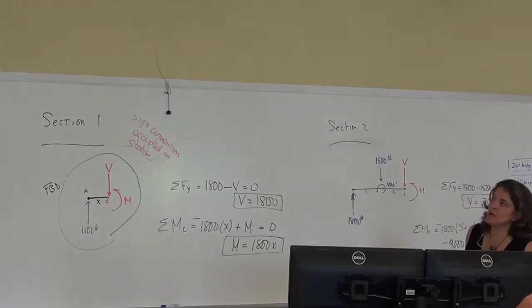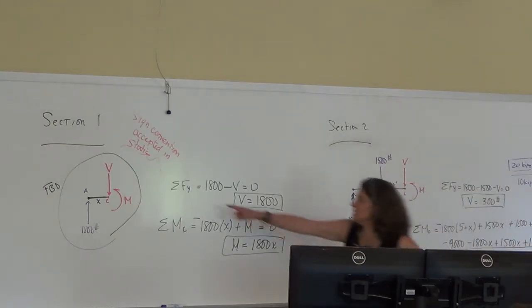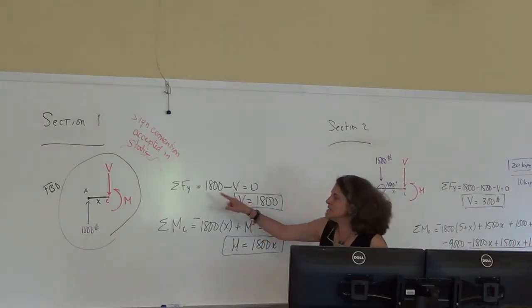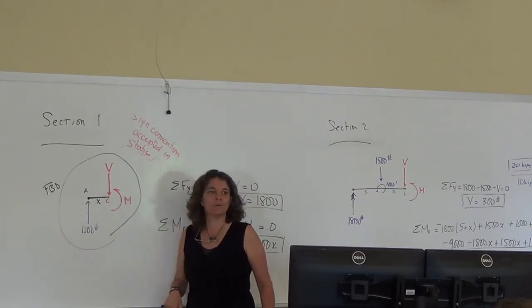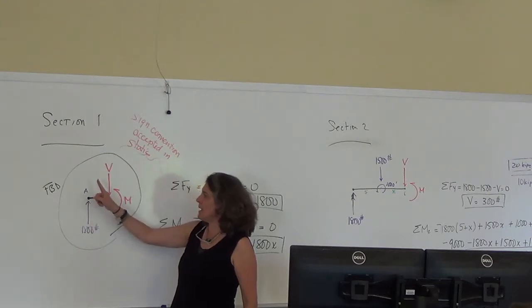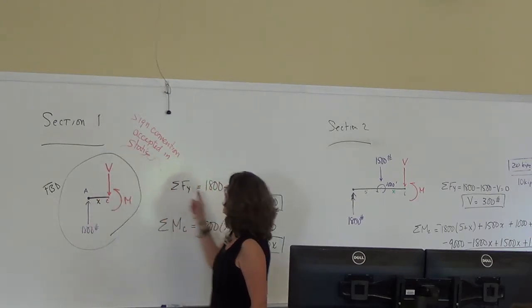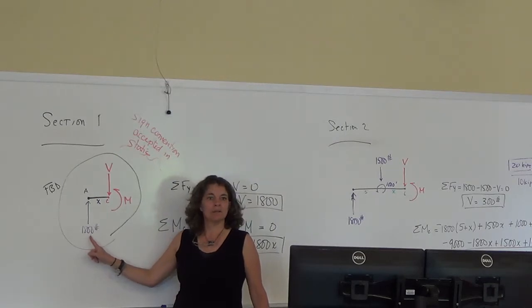Which way is the 1800 going? 1800 is going up. When we draw our shear diagram, we draw it going up. The only way we can draw it going up using the equilibrium equation is if we draw V going down. Because then it's the sum of the forces in y is 1800 up minus V, and V turns out to be the same sign. Did everybody get that?